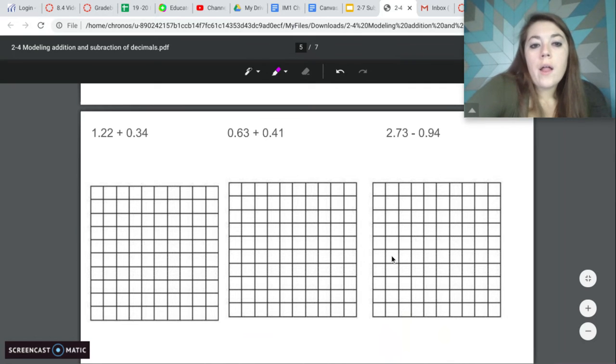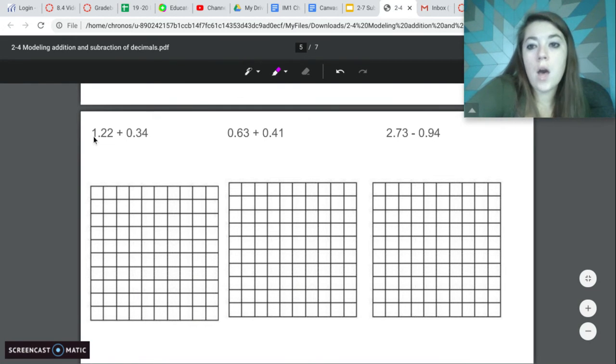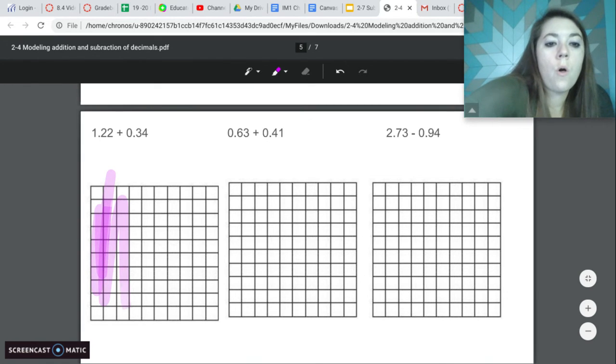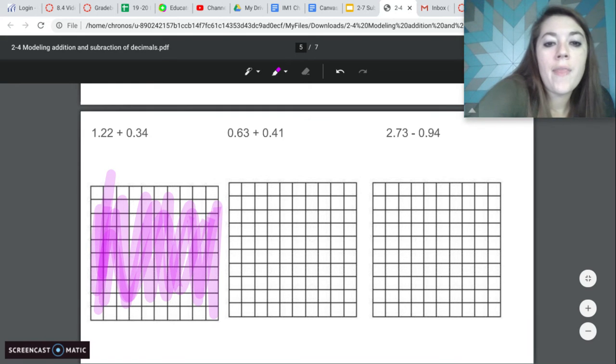All right, so let's try another one of these. We're going to do another subtraction one and then another addition one, okay? So let's start with the 1 and 22 hundredths plus the 34 hundredths. So if we need 1, that means this whole entire square is filled in. So we're going to pretend that's completely filled in. And then we need 22.